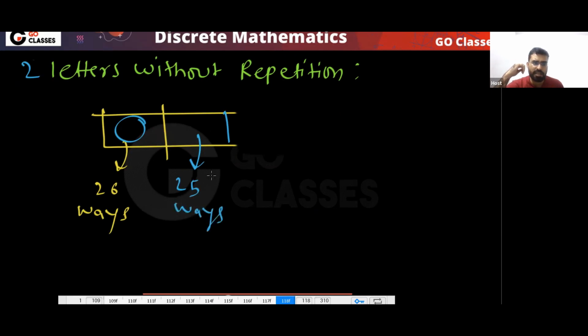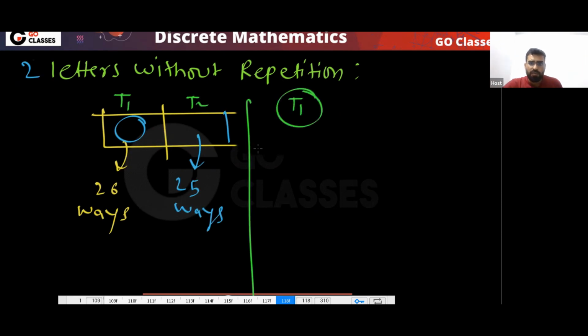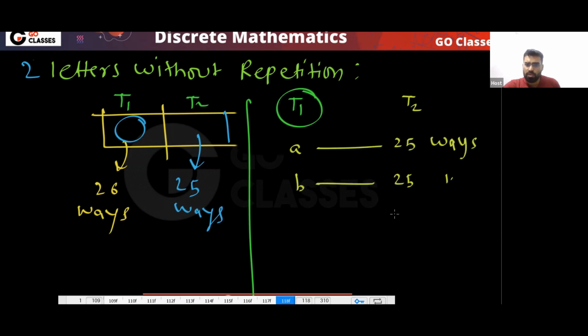You can understand this is T1, this is T2. Whether you put A, then this T2 has 25 ways. If you put B, 25 ways. If you put C, 25 ways. If you put Z, 25 ways.